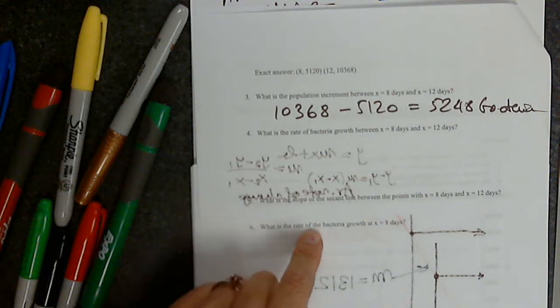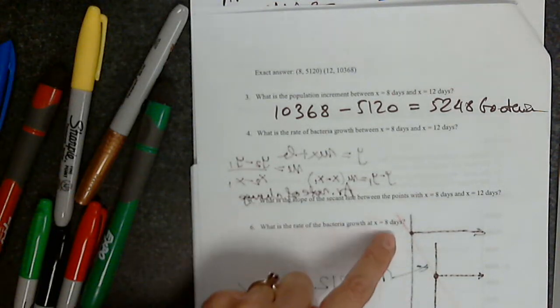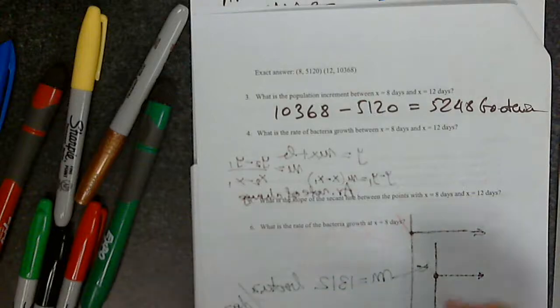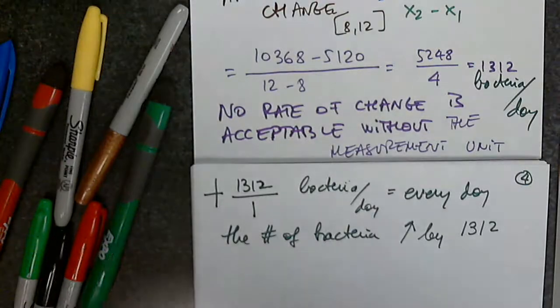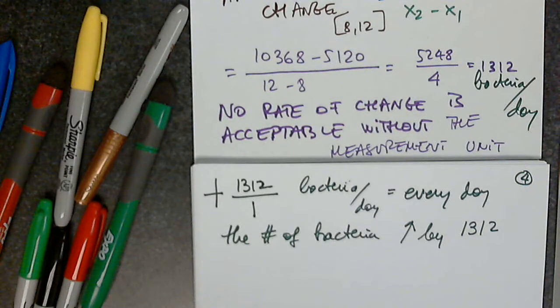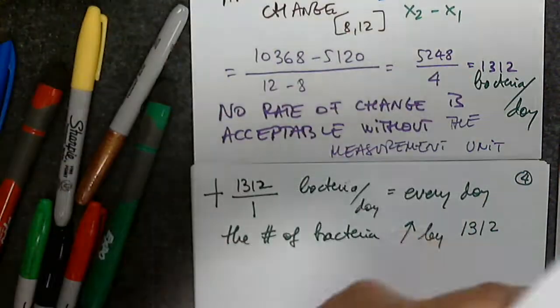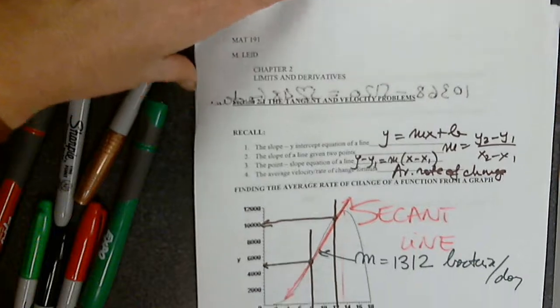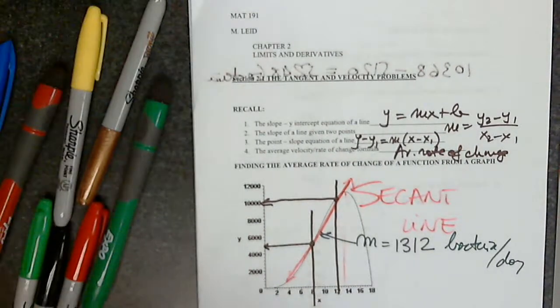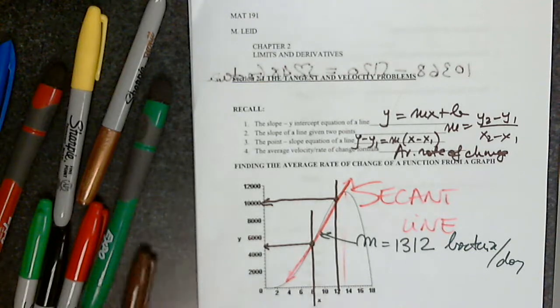What is the rate of the bacteria growth at 8 days? We can't do that. We don't have enough tools today to determine it exactly. We will, but today we don't.